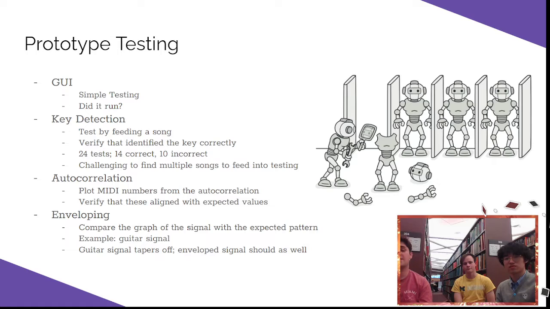And then to test out the enveloping on each example instrument, we looked at the graph of the signal that we got, and then the graph of the sample. So for guitar, we made sure that the envelope correctly fitted to the sound, and that it tapered off as it should. Yeah.